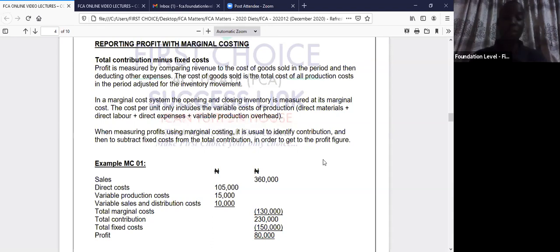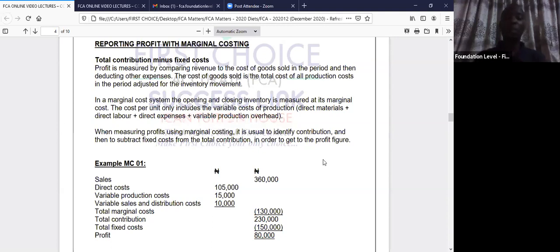So when you take away your variable cost of 130 from the 360, you are left with your marginal profit, which we call contribution, of 230. Now that you have your marginal profit, take away the fixed costs. So you have to do the marginal first.